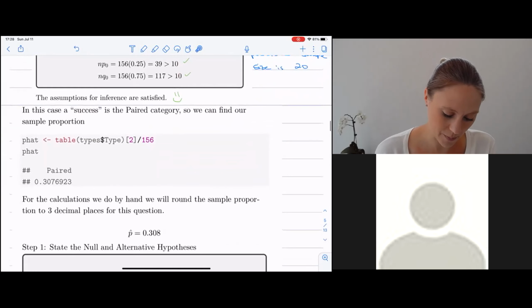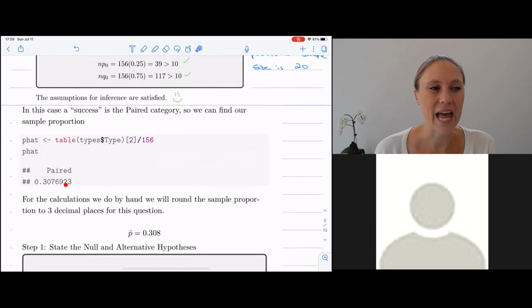So we can find our sample proportion, which was 0.3076923. I'm going to round that to 3 decimal places. Usually the question will say how many decimal places I want, but 3 or 4 should be safe, especially for your calculations.